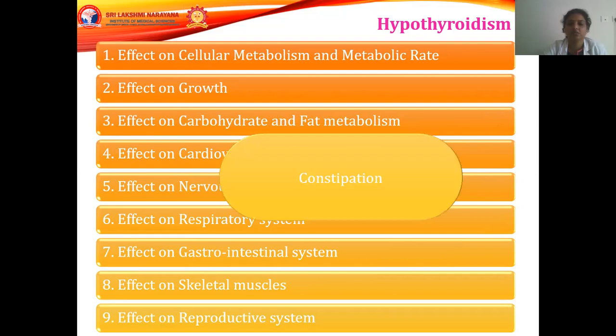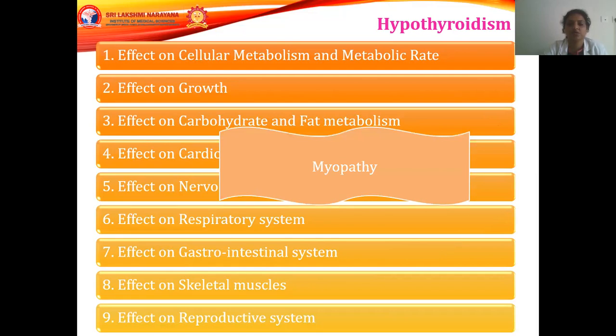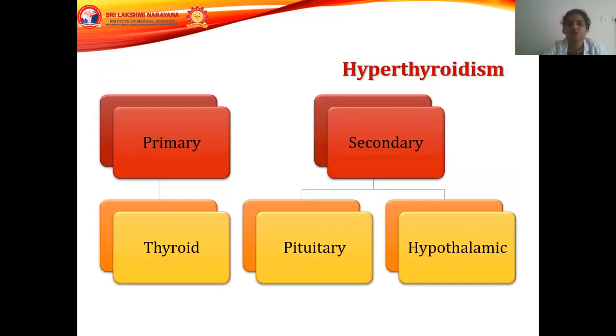And for the GIT, there is constipation. For the musculoskeletal system, there may be myopathy, and for the reproductive system, there is infertility in case of hypothyroidism.